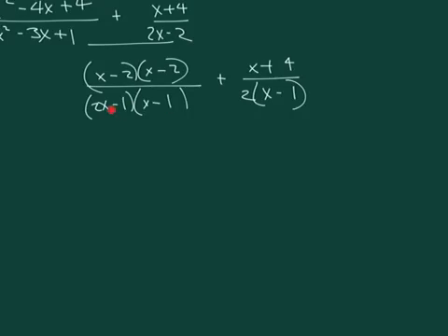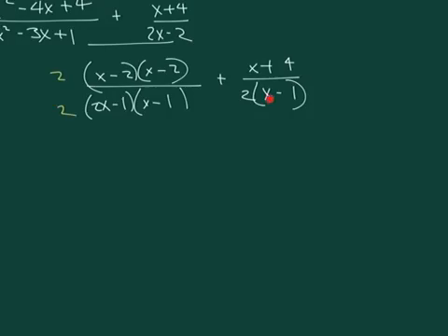So I look at this denominator and I say, all right, what am I missing here that I have over here? I have an x minus 1 there and I have 1 there. So I'm not missing that, but I'm missing a 2. I've got a 2 here, but I don't have a 2 over here. So I'm going to multiply top and bottom by that 2. And now I have a 2 here and a 2 here. So remember, whatever you do to the bottom, you have to do to the top.